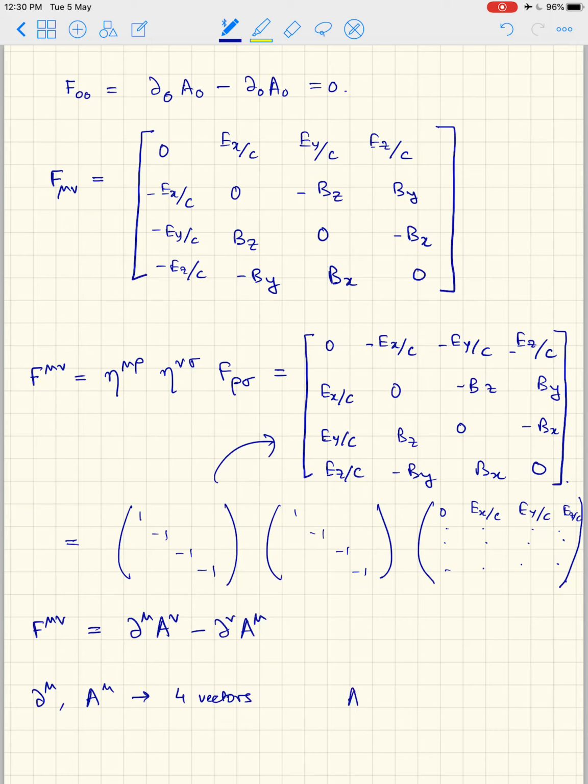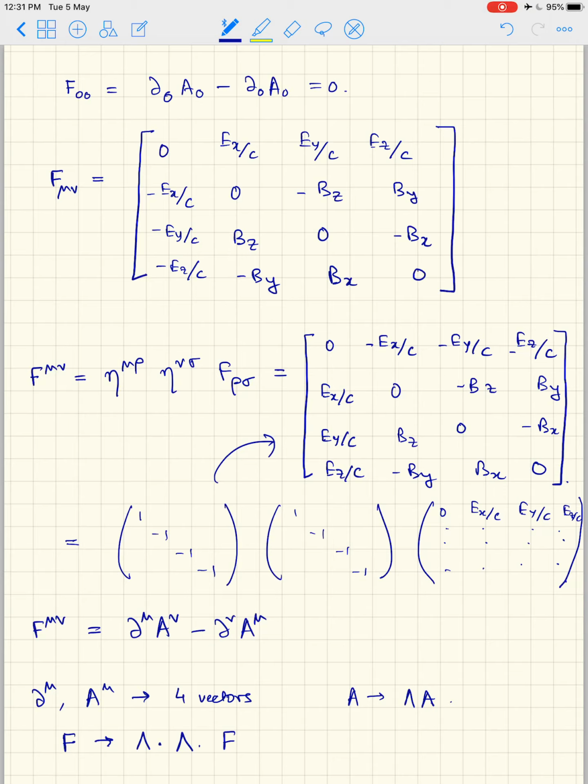So A mu transforms as lambda times A. So F is going to transform as lambda times lambda into F, because del mu and A are four-vectors, and these transform in this way. So F is also going to transform in this way.